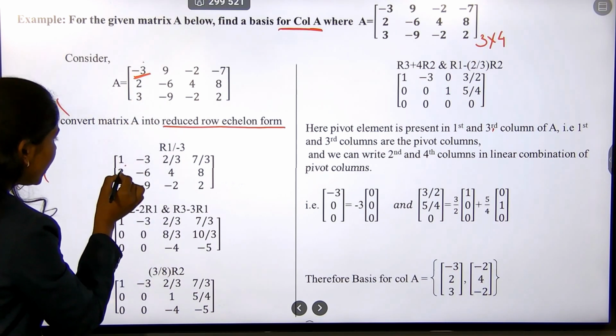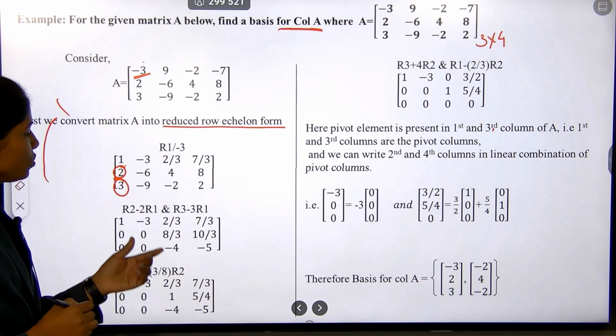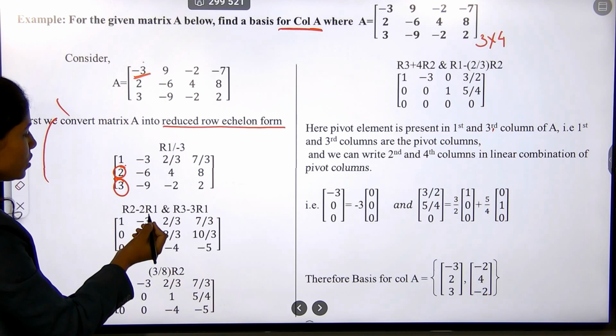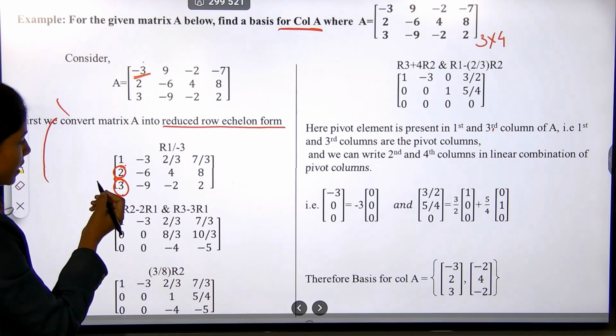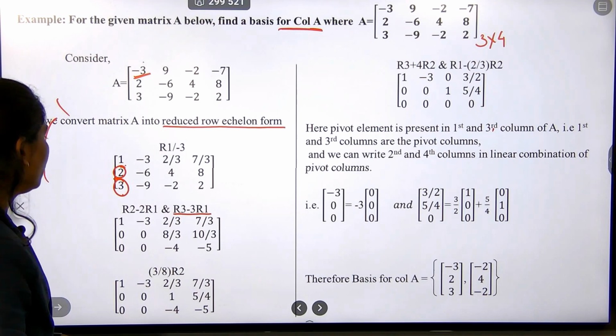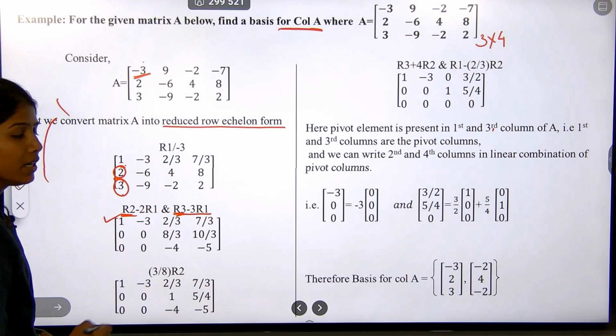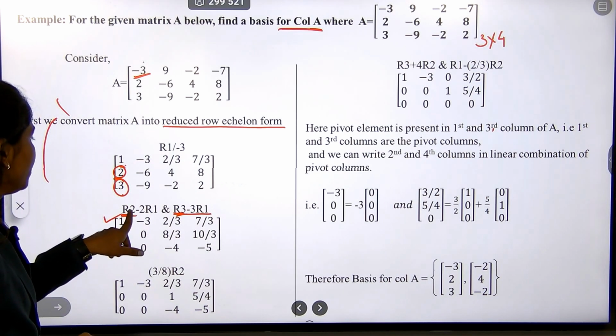Now for making this 2 and this 3 zero, we use row operation R2 minus 2R1, and R3 minus 3R1. We write down R1 as it is and change R2 and R3.